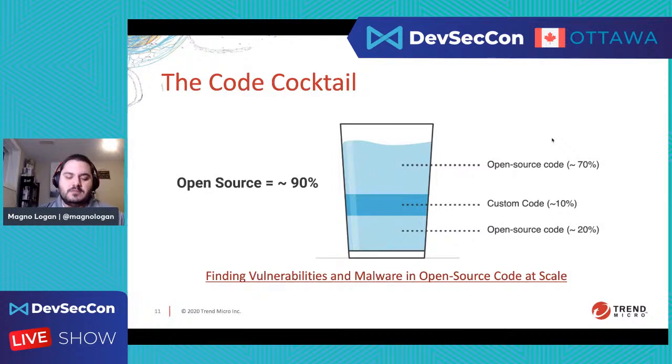There is a lot of other research around this topic showing how much of our application is made of custom code from our developers, and how much is made of libraries and third-party dependencies and all that stuff, right?